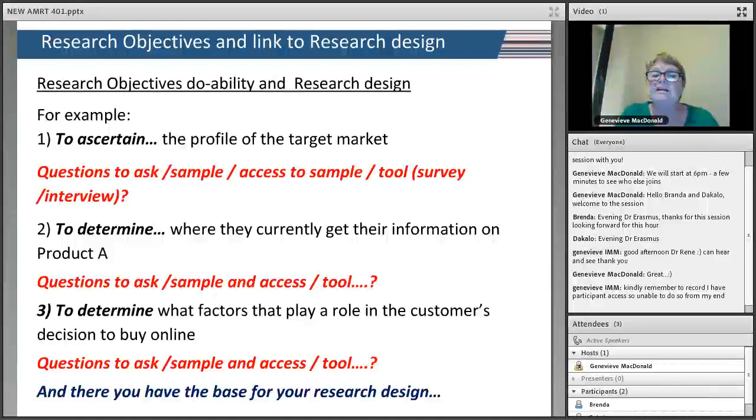I can already think about who is the sample that I will ask in this particular research. Will I have access to the sample people? What tool will I use? Will I use a survey or an interview, etc., etc.? Sample size, all of that I can already start thinking about when I have a proper research objective.